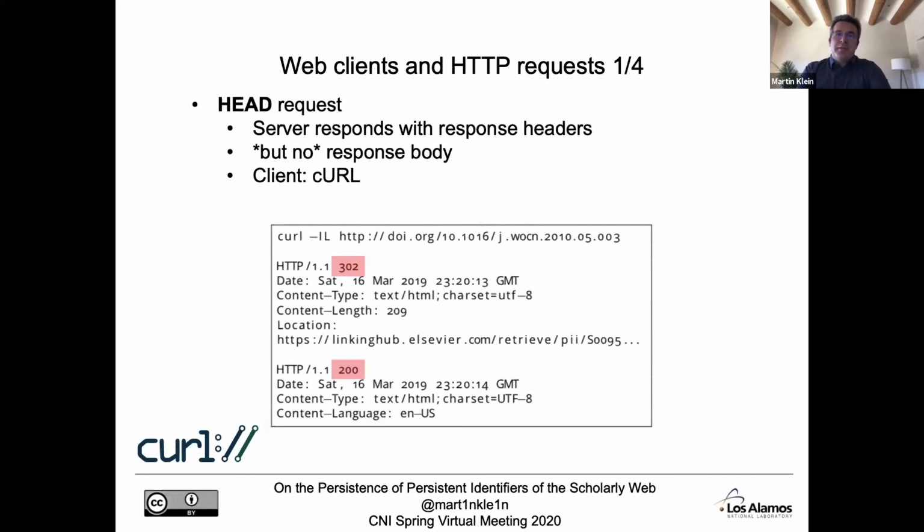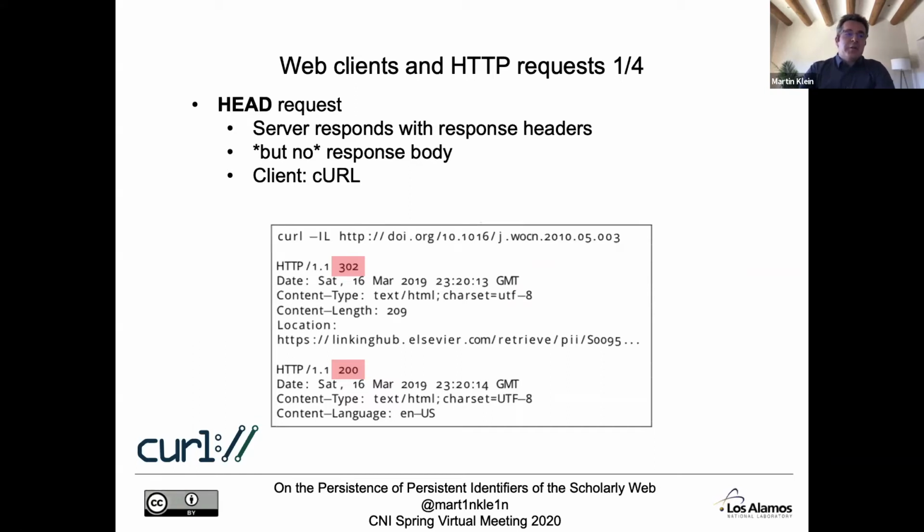Well, we have 4 methods. And the first one is an HTTP HEAD request. If you don't know what that is, it's basically a lightweight sort of a ping against the web server. Hey, is there something there? To which the web server responds with response headers only. The web server does not respond with a response body to this sort of request. We utilize the popular command line tool curl to send this request.